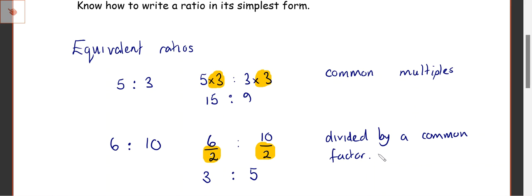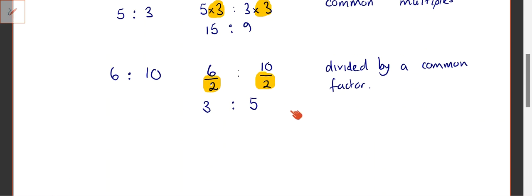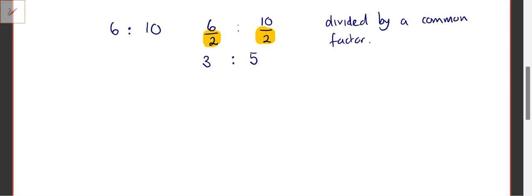I'm thinking, is there any image that we could draw that would really show me that those ratios are equivalent? This is what I'm thinking. I'm going to go with 6 to 10.